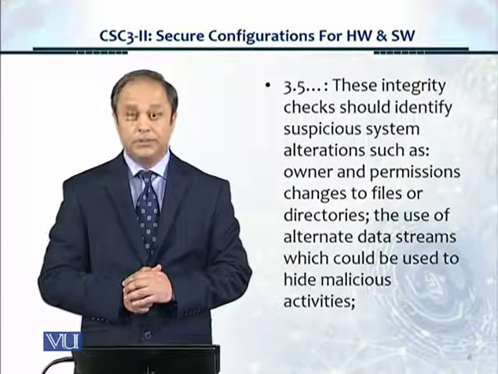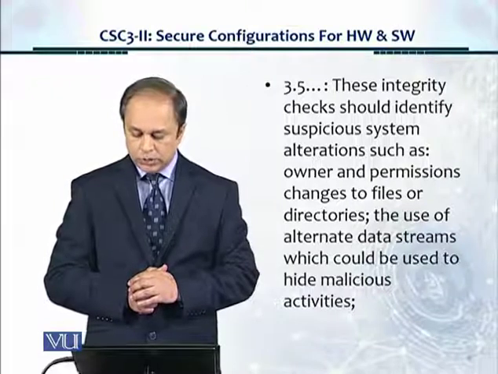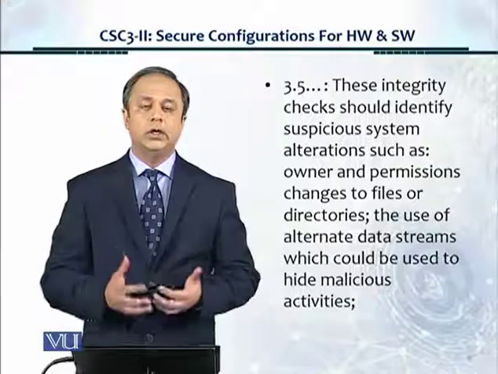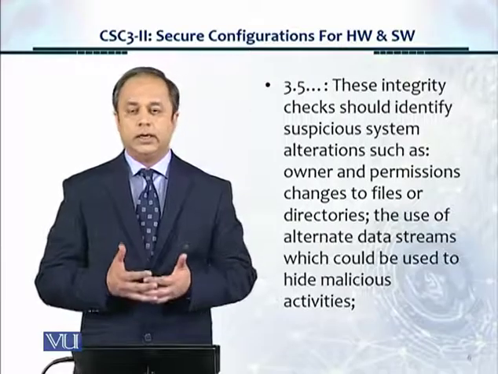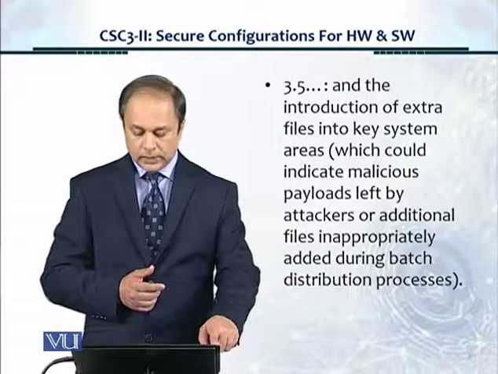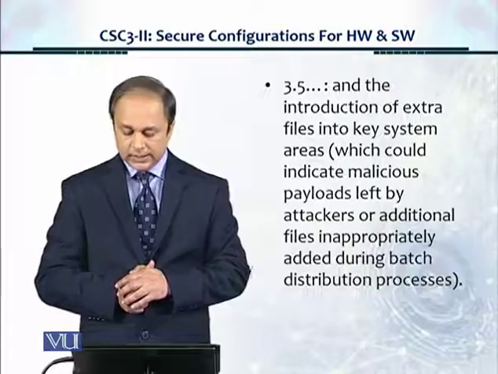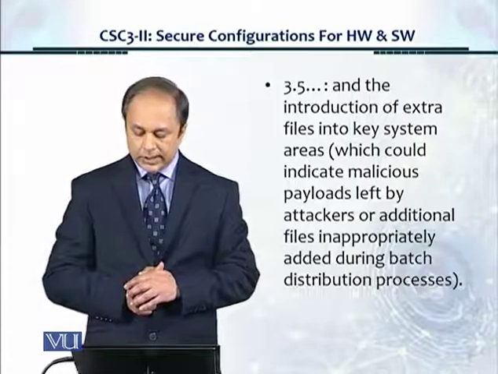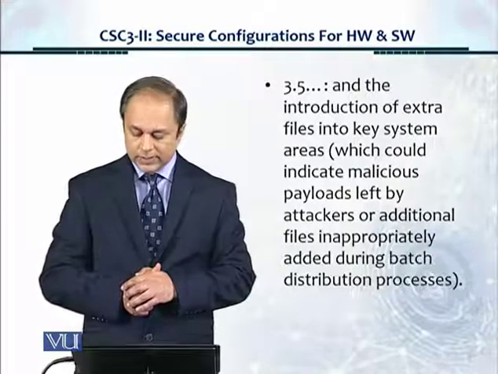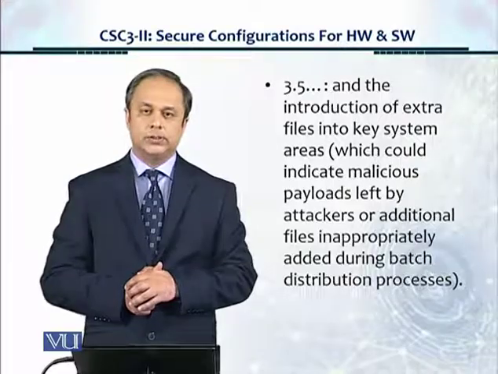the use of alternate data streams, which could be used to hide malicious activities. So a lot of detail here on the file integrity checking which needs to be performed on the systems. And the introduction of extra files into key system areas, which could indicate malicious payloads left by attackers or additional files inappropriately added during batch distribution processes.